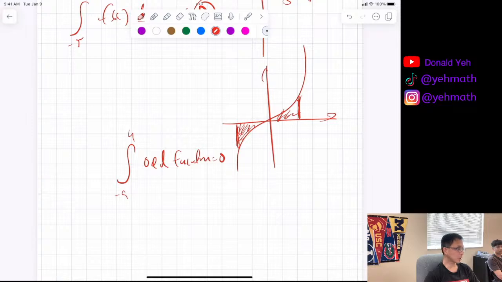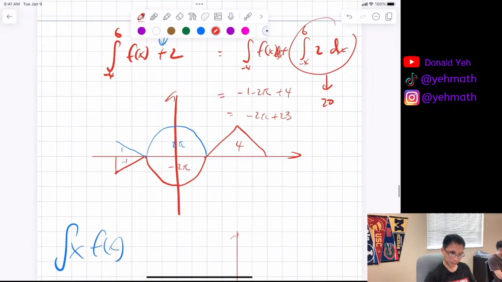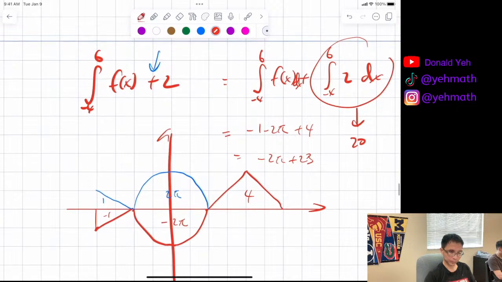Okay, next questions. Some people say 47, E and F. Do you guys have a question about that? Well, I'm going to do F first, 47F. I break up the two integrals, and this integral is going to be 20. Why? It has a height of 2.